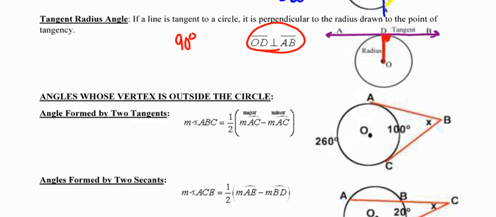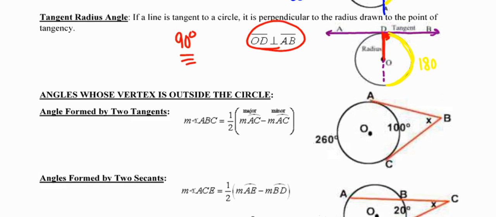And the reason for that is if I were to extend the radius to the other side of the circle, its intercepted arc would be 180 degrees, making its measure also half of that 180 degrees, or 90 degrees. So notice that whenever the vertex is on the circle, the degree measure of the angle is always equal to half of the degree measure of the arc.